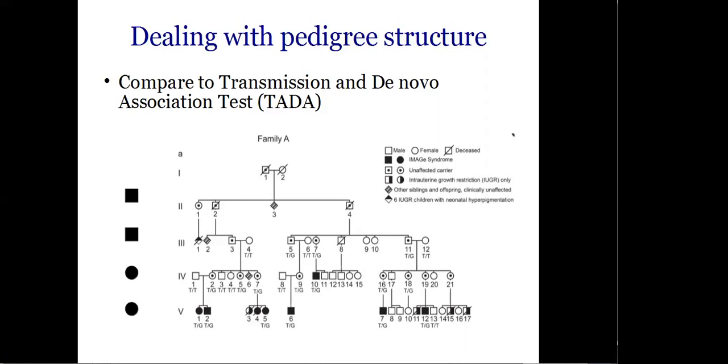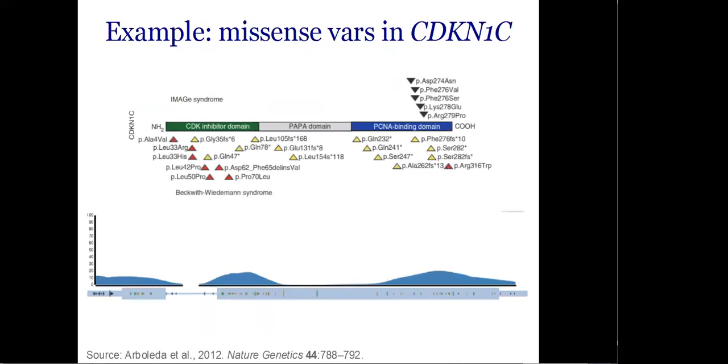And they found that all 6 individuals that they sequenced had rare missense variants in one gene, CDKN1C, the gene known to cause Beckwith-Wiedemann syndrome. But all of these variants were missense variants in a very specific PCNA binding domain, and those are the black arrows seen on the top.